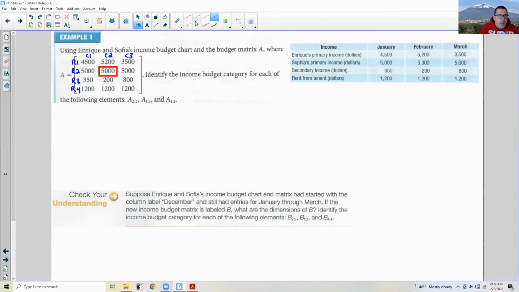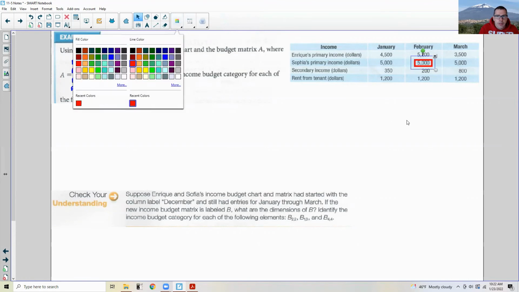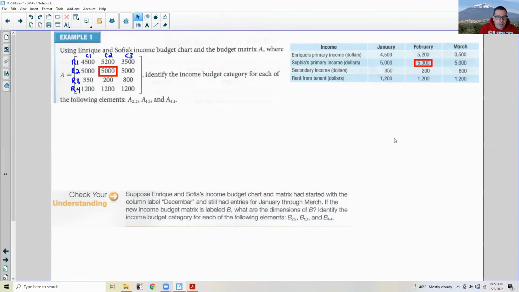And then we're going to do the same thing over here. That is row 2, column 2. That is this right here. Let me just change that to red so they match. So this 5,000 came from right there. It says to identify the category. So the answer is A sub 2 comma 2 is the element in the second row and second column.